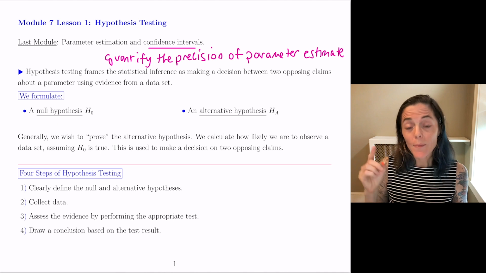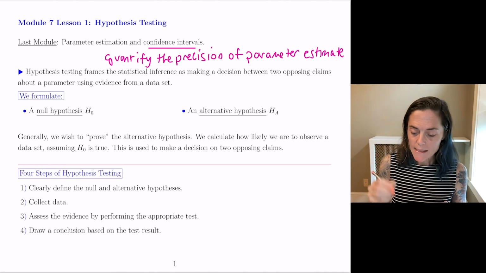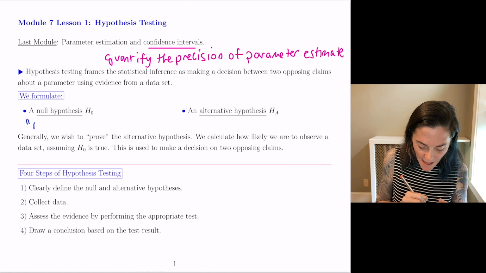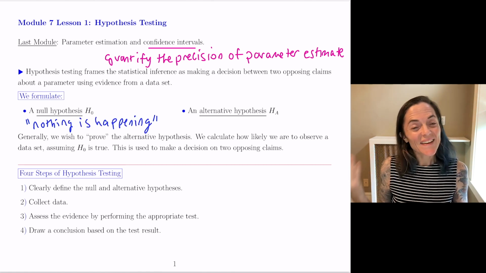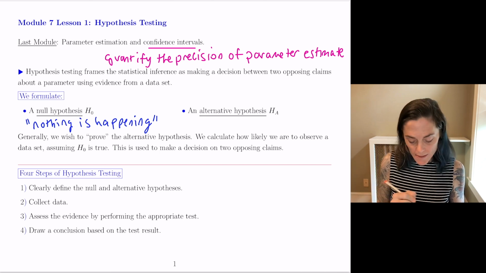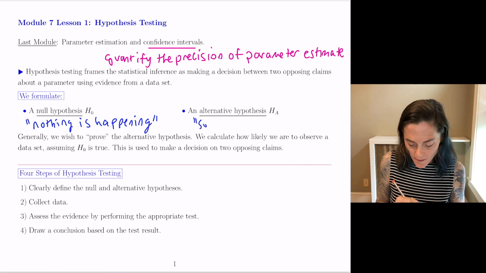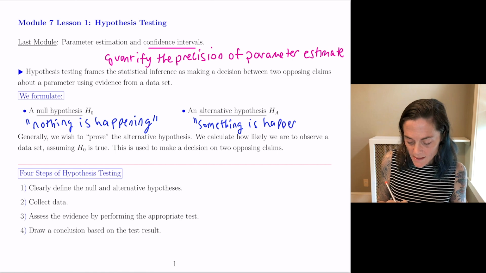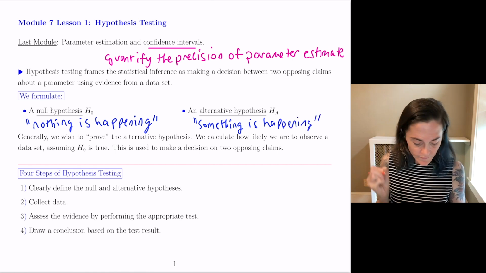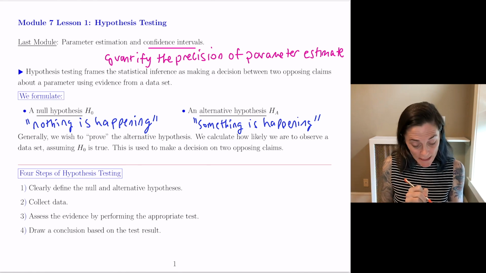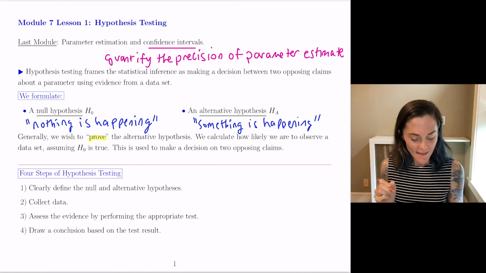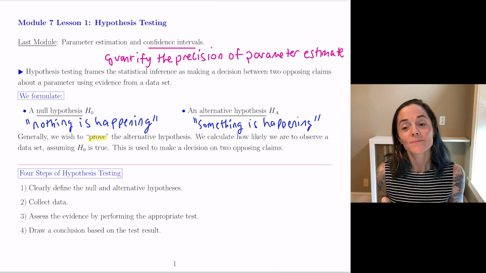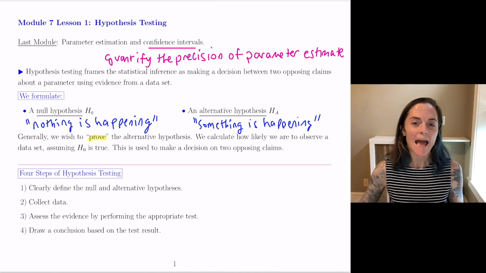Quite often we think about the null hypothesis as saying nothing is happening, and you can think about the alternative hypothesis as saying something is happening. So this is quite often the way we think about these. Generally, we wish to "prove" the alternative hypothesis, that something is happening.